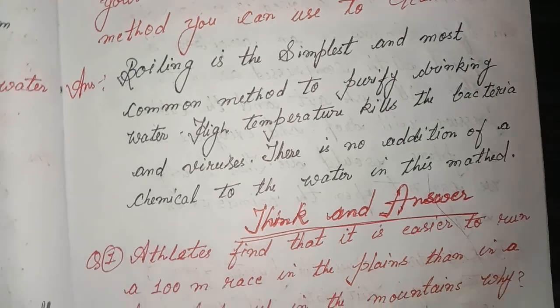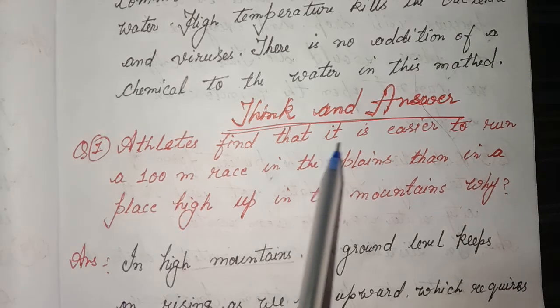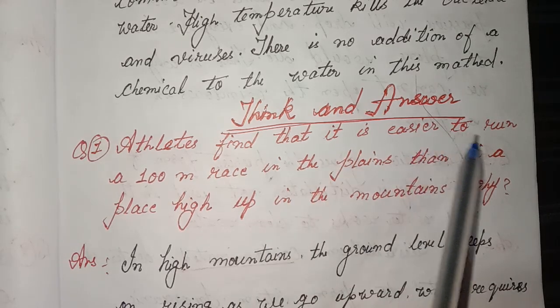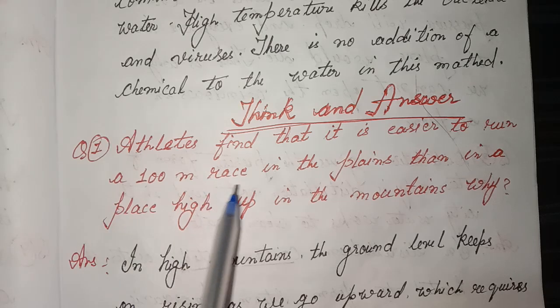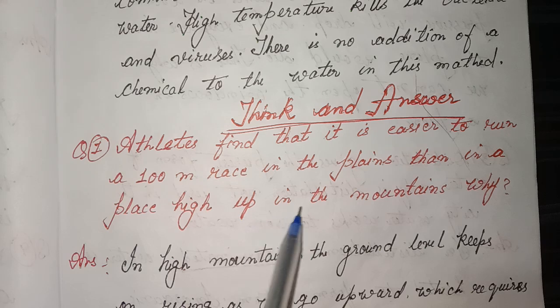Think and answer. Question: athletes find that it is easier to run a 100-meter race in the plains than in a place high up in the mountains. Why?